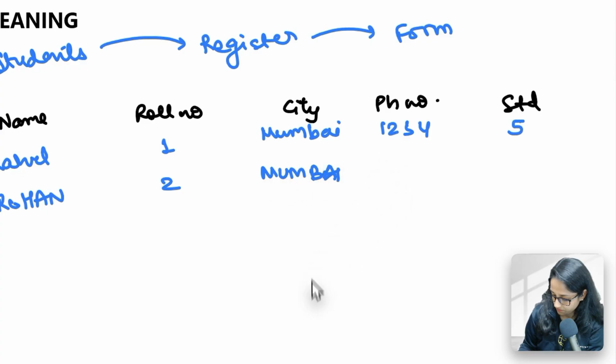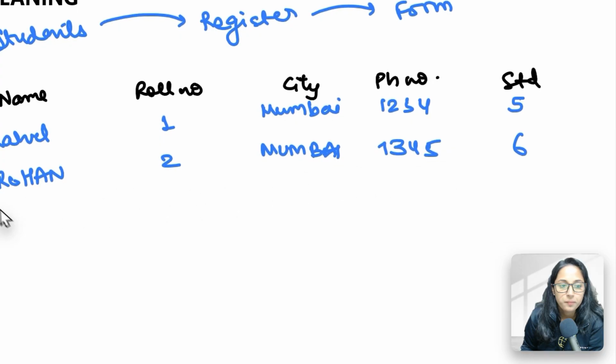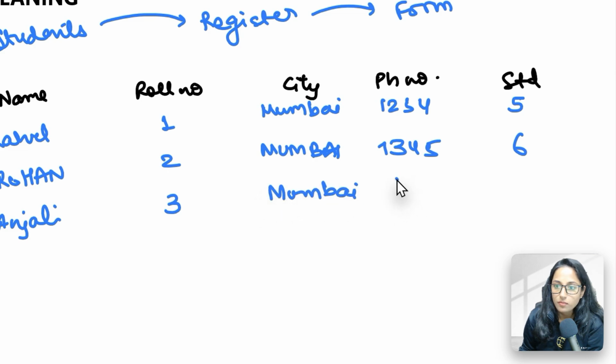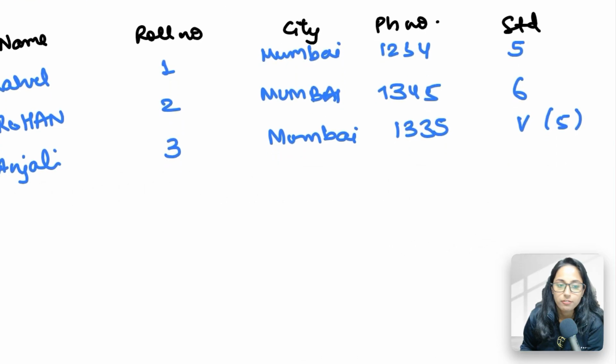MUMBAI, and 1, 3, 4, 5, and he's of class 6. Another one is Anjali. Her roll number is 3, and she has also written Mumbai. Phone number is 1335. And standard, she has written IV, which represents nothing but my 5.